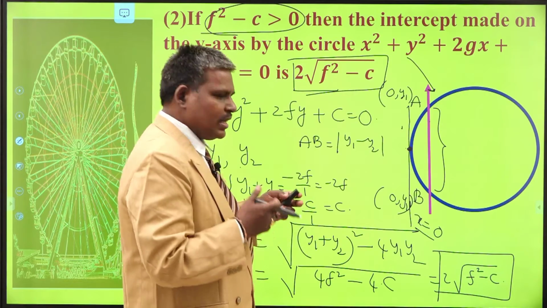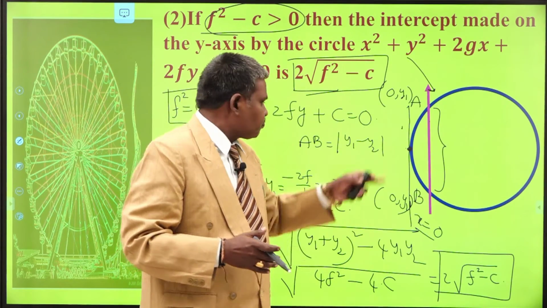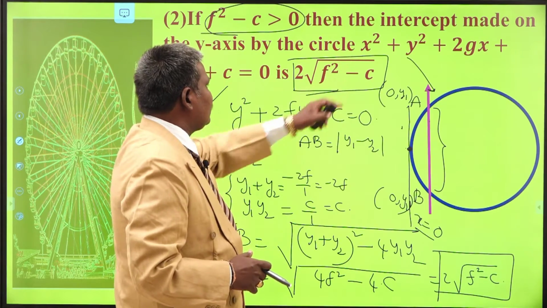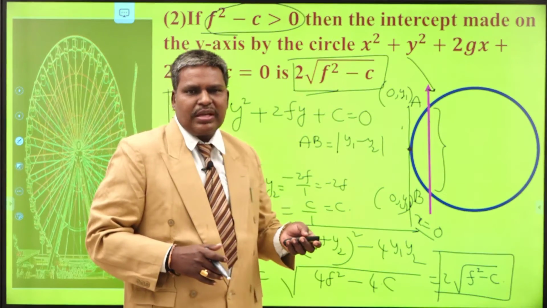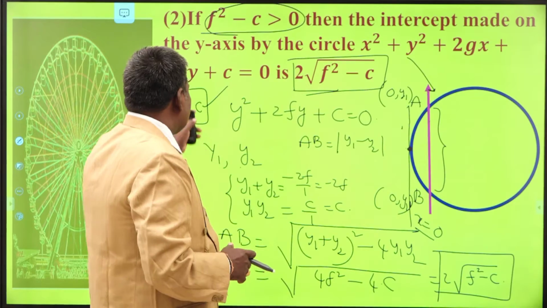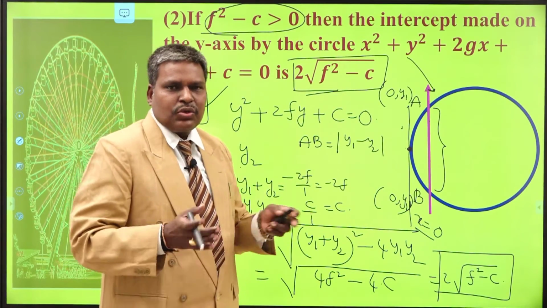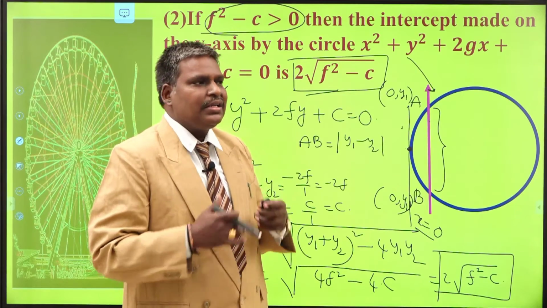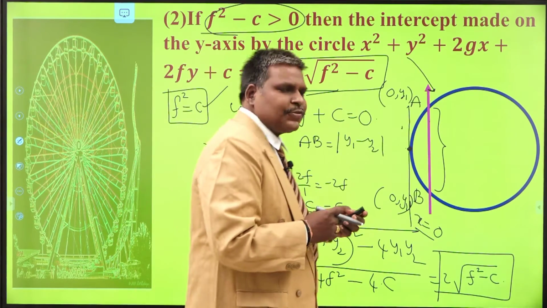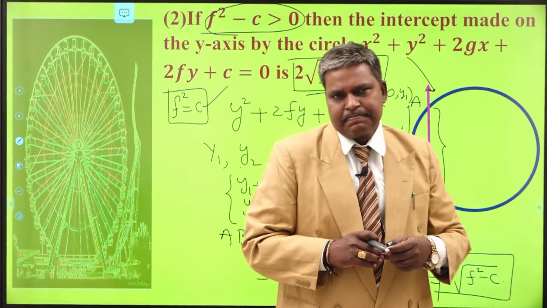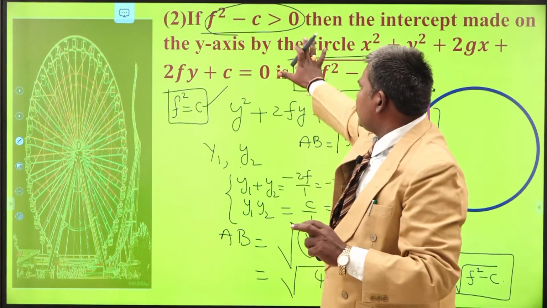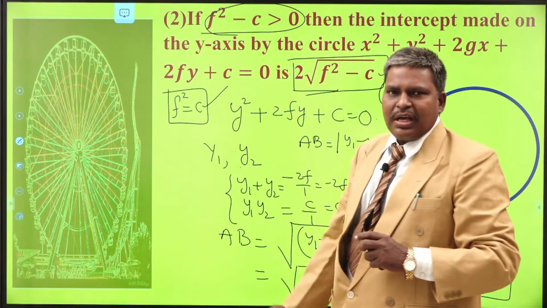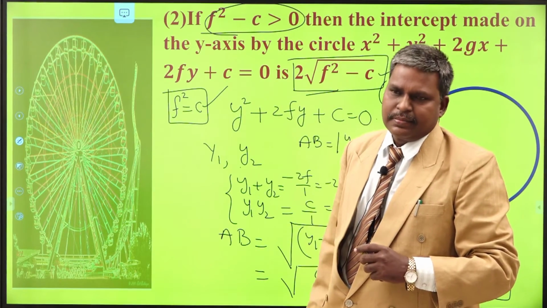One is the x-axis, the other is the y-axis. So the x-axis touches the circle S equal to 0 when g square equals c. It touches the y-axis when f square equals c. So the condition that the circle S equal to 0 touches both the axes is g square equals f square equals c. So this is the theorem. Length of the y-intercept is 2 into root of f square minus c.